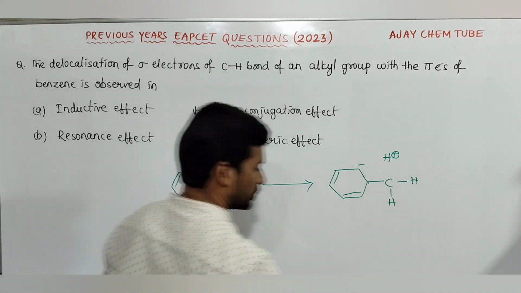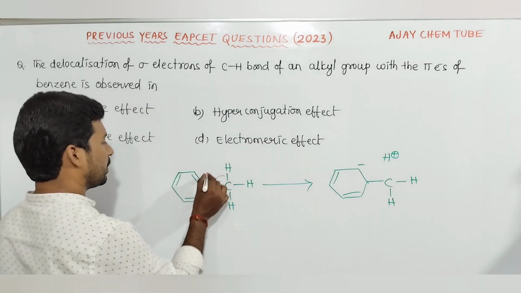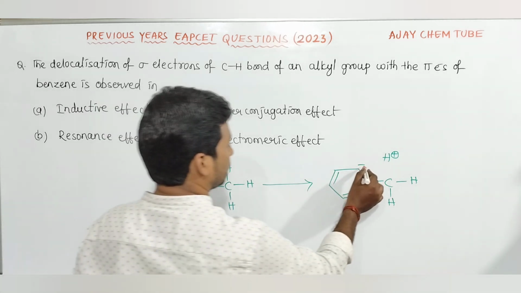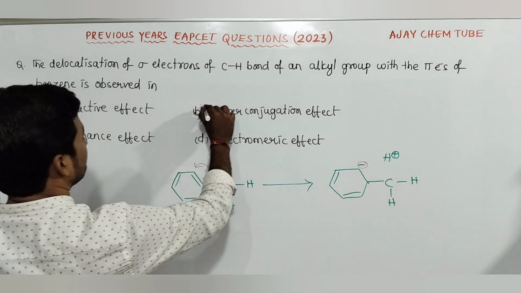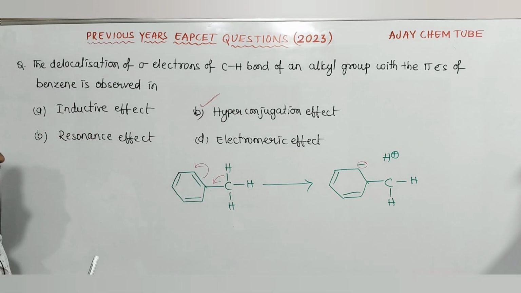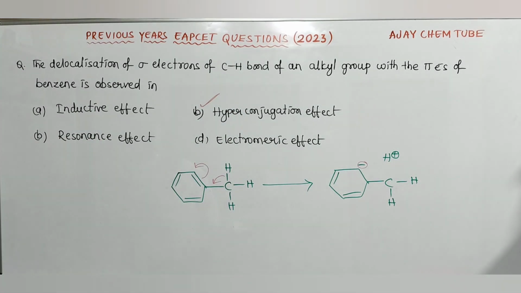Due to shift of electrons, sigma electrons of CH bond, this bond shifted here, then this becomes minus. This is called hyperconjugation. So which option is correct? This is called the hyperconjugation effect. Take this one.